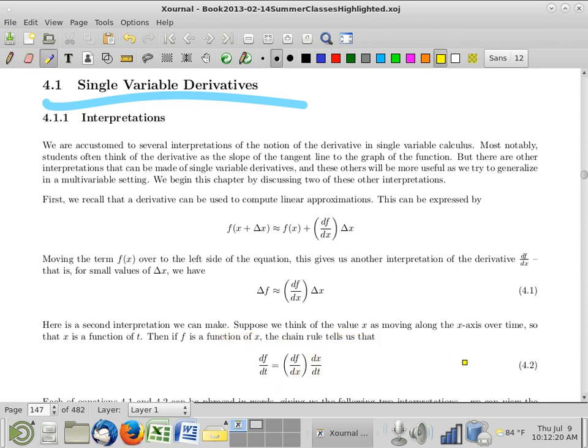Okay. So what we have here then are two arguably, seemingly maybe different applications of the derivative. And I'd like to point out that these two interpretations of the derivative actually do have a lot in common.